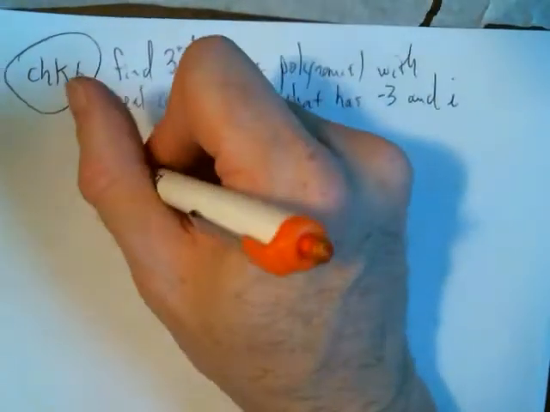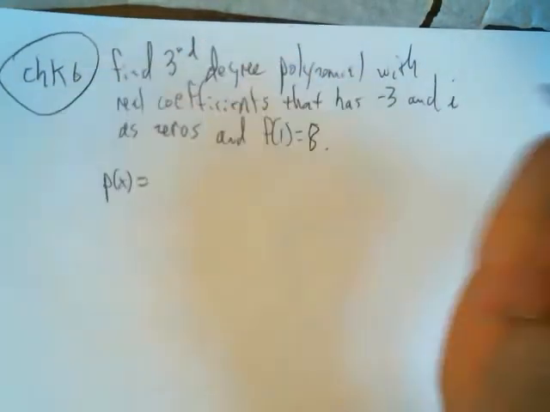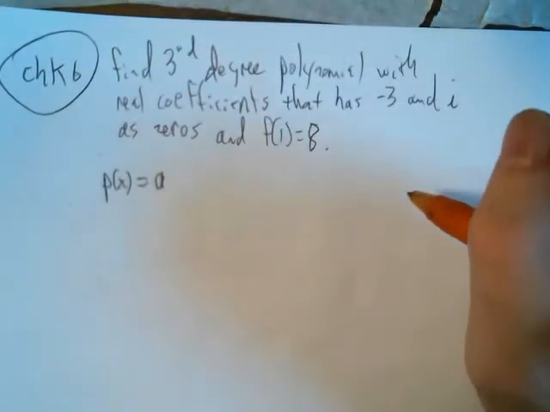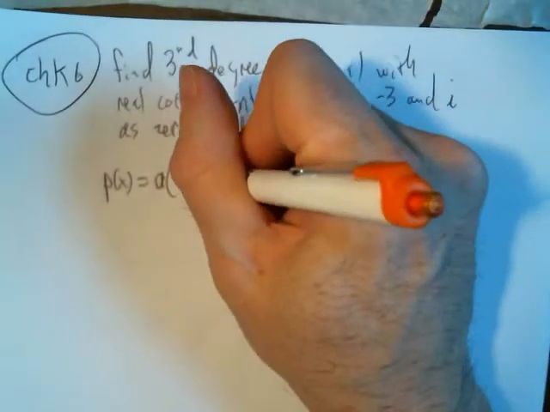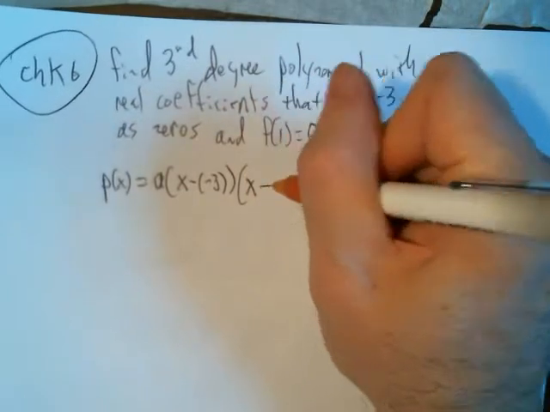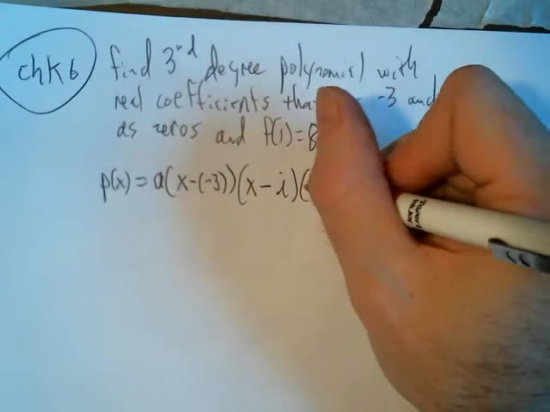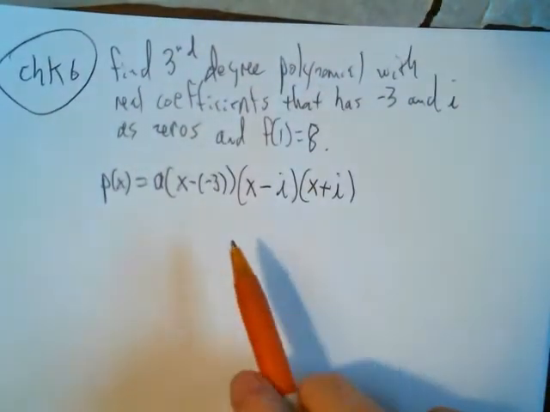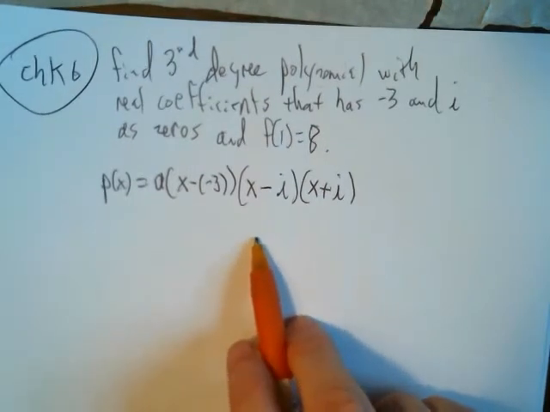So in particular, our form for our polynomial p of x, you'll have some leading coefficient, to be named later, and then from the -3 you'll have x minus -3, and then from the i you'll have x minus i, but because these imaginary guys always appear with their conjugates, you'll also have x plus i. If that were not the case, your polynomial would have imaginary terms in it, and we're not dealing with that.